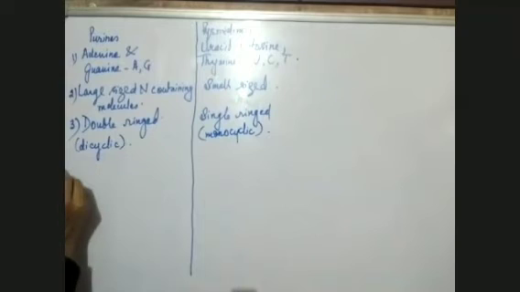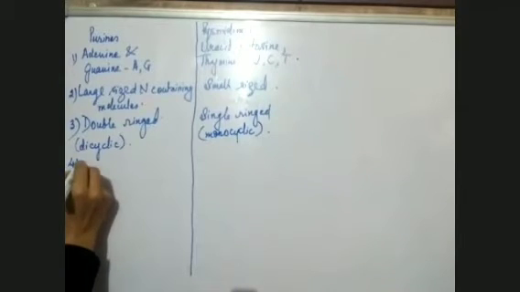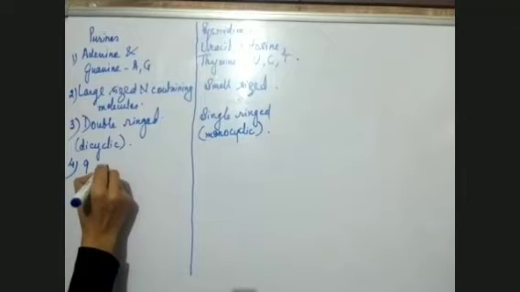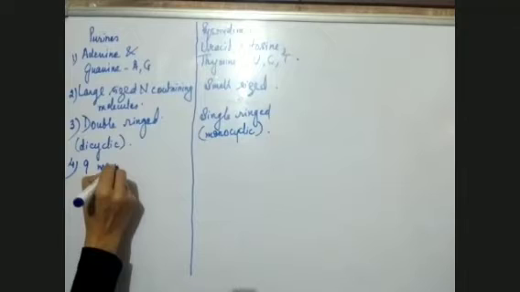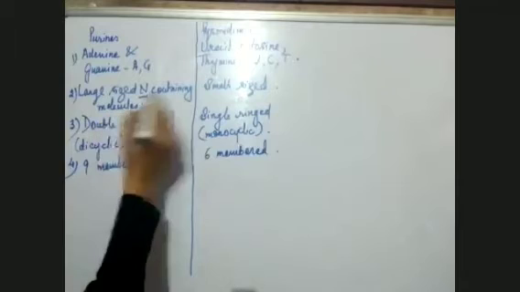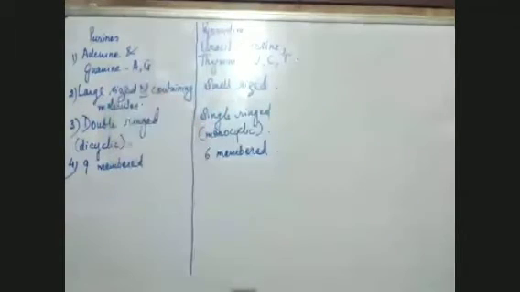Another point of difference is the purines are 9-membered. Nitrogen containing molecules, and these are small size nitrogen containing molecules. That means both have nitrogen in them.